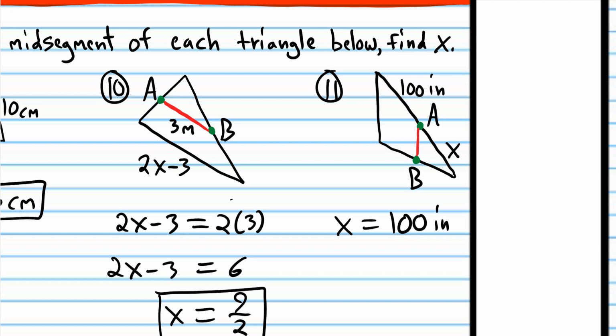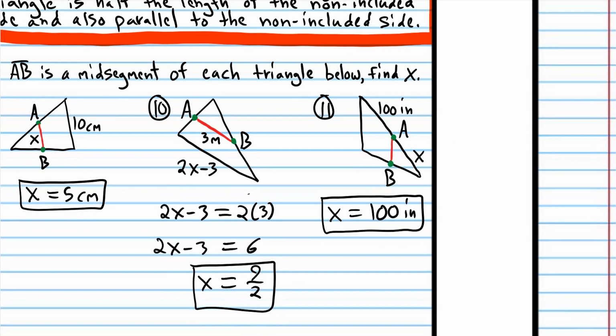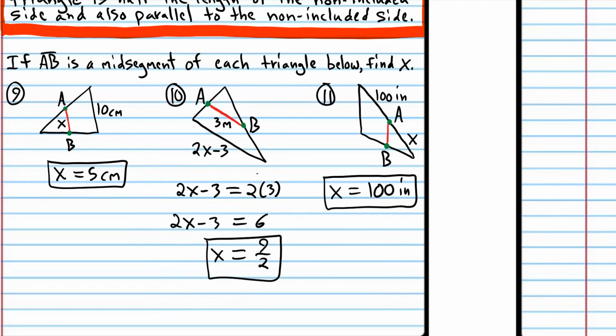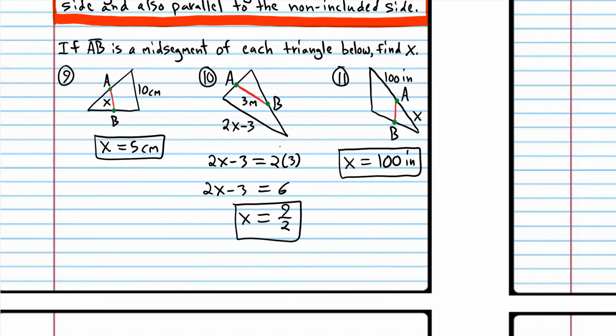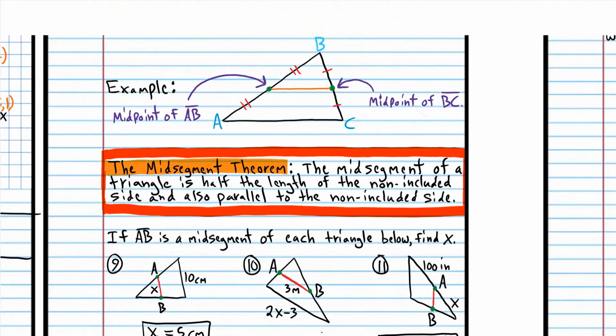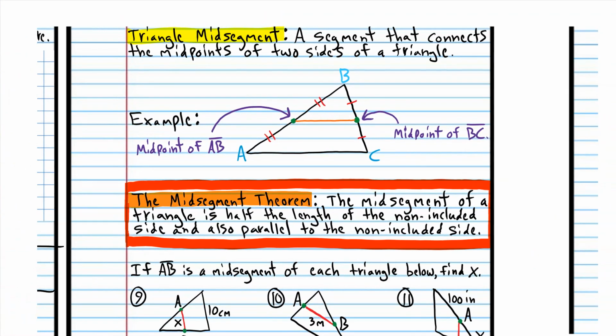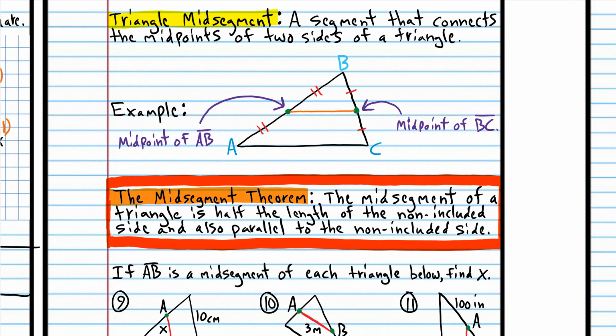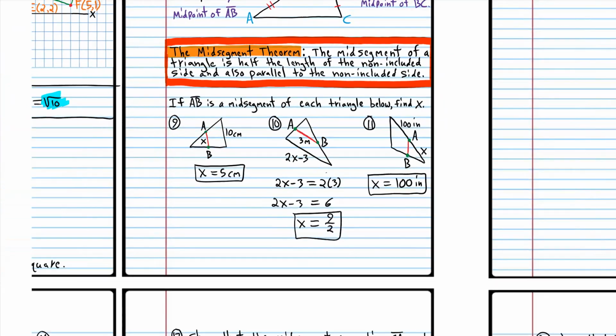So don't be fooled by those types of problems. We didn't really even need the midsegment theorem. We just needed to know that AB was a midsegment because by definition, x must be 100. So be aware that you may encounter some of those problems. Now, I just want you to be aware the midsegment theorem is not really that important of a theorem. It's not a big part of the geometry curriculum, but you may see it, so we do have to learn it.